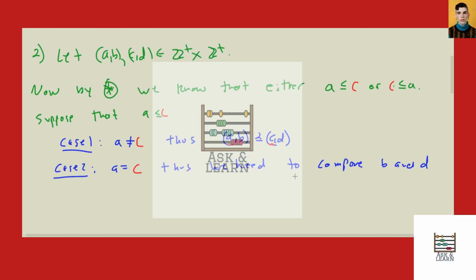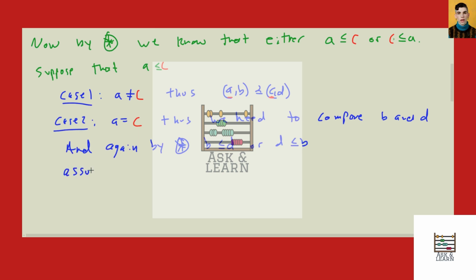All right. So now in the case of A is equal to C, thus we need to compare B and D. And again, by star, B is less than or equal to D, or D is less than or equal to B. So just assume B is less than or equal to D, which then implies, again, that (A, B) is less than or equal to (C, D).